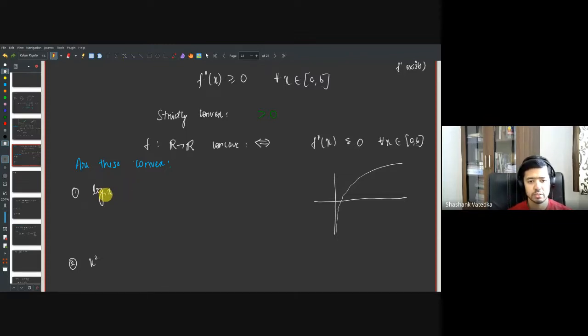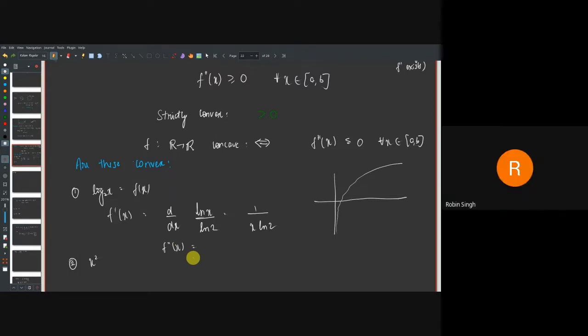Let's take log x to base 2. So this is my f of x. Now can you compute the second derivative? So f dash of x is d by dx of log x to base 2. I'll write this as ln x by ln 2. So this is 1 over x ln 2. So what is the second derivative? Minus 1 by x square ln 2.